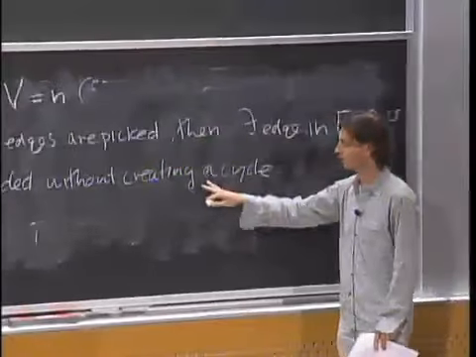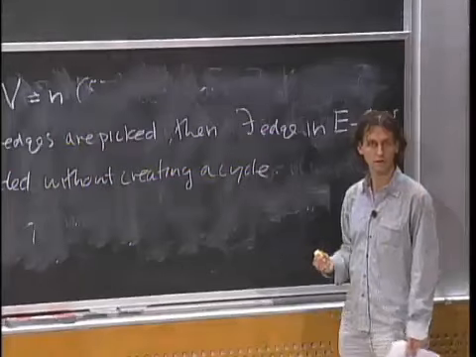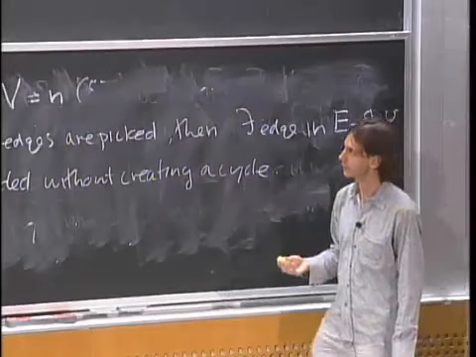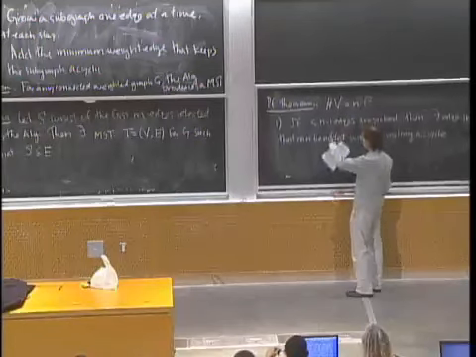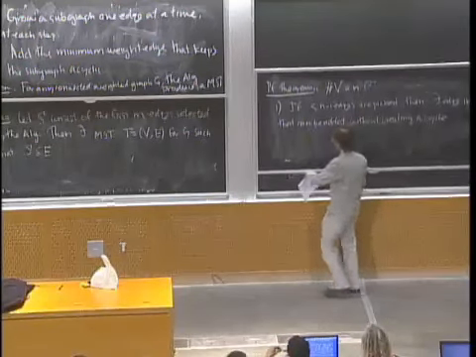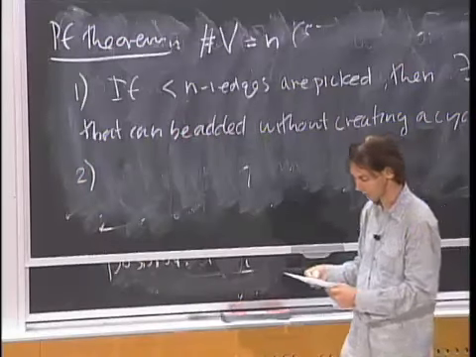Okay. So we know that the algorithm can always select an edge such that no cycle is created. And that means that we can keep on going in the algorithm until at least n minus 1 edges are selected. So what happens if we have n minus 1 edges?